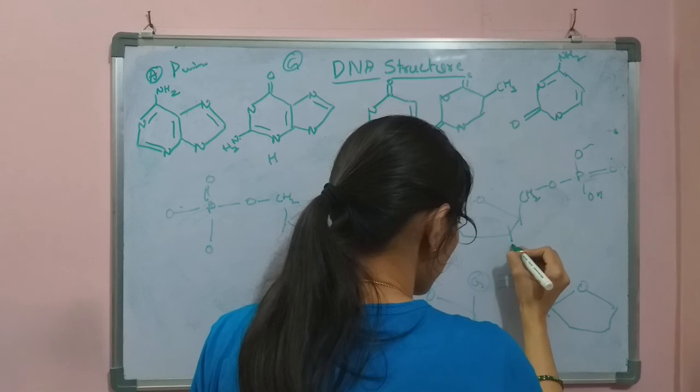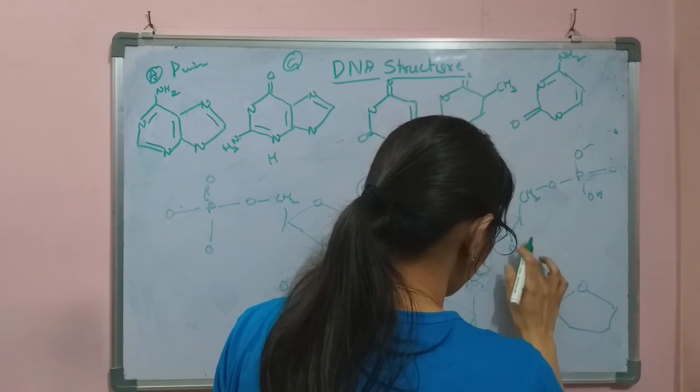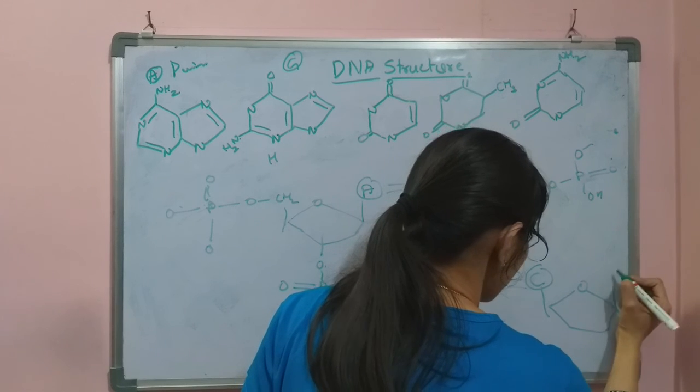Here is a 3' group which is having an OH moiety, and here you will find CH2O.